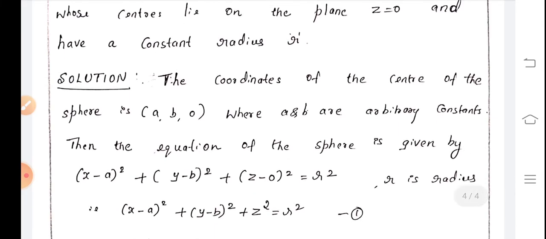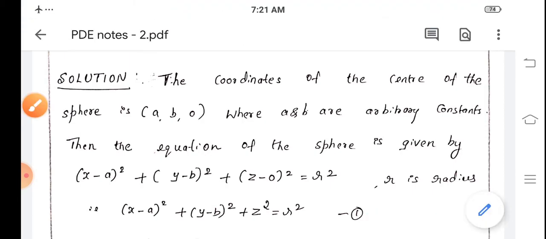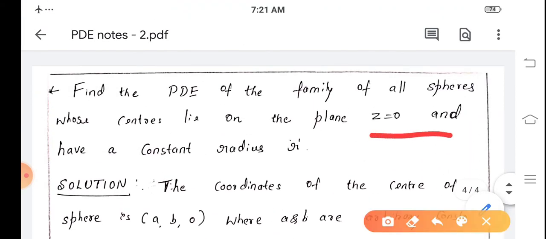The equation of the sphere with center at a, b, c is given by x minus a whole square plus y minus b whole square plus z minus c whole square equal to r square, where r is the radius. But here it is given that the center lies on the plane z is equal to 0.